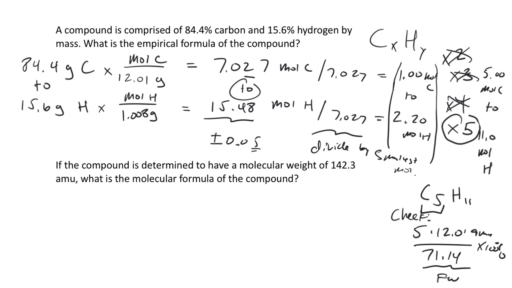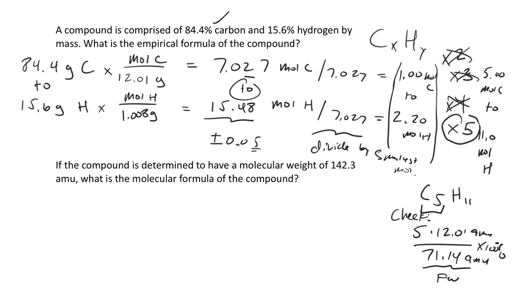So 5 times 12.01 divided by 71.14 times 100%, I get 84.4%. So that checks out. We can double check at the end of the problem to make sure we're getting the right carbon percentage.